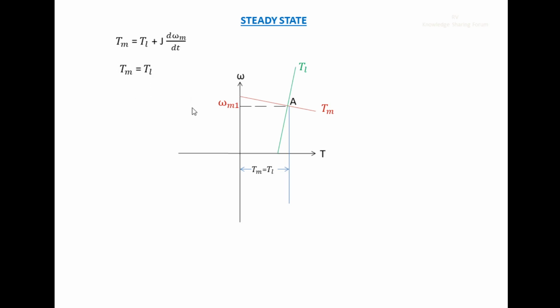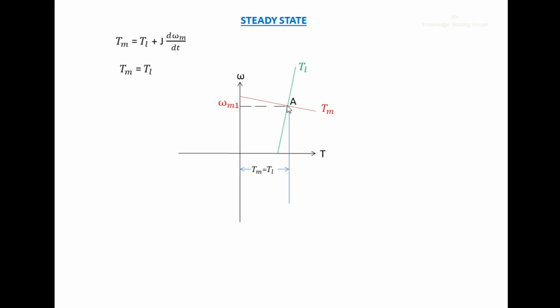load torque. Let us understand the concept of steady state from the speed torque characteristics. Here is a typical speed torque characteristics. This line indicates our motor torque and this line indicates our load torque.